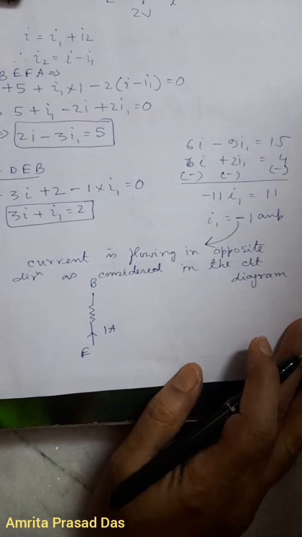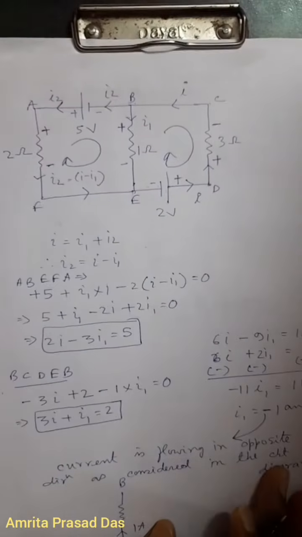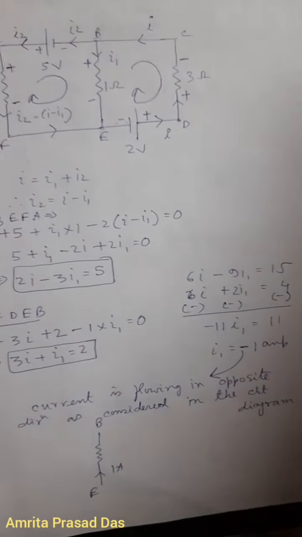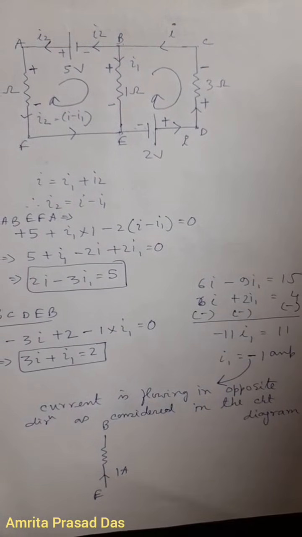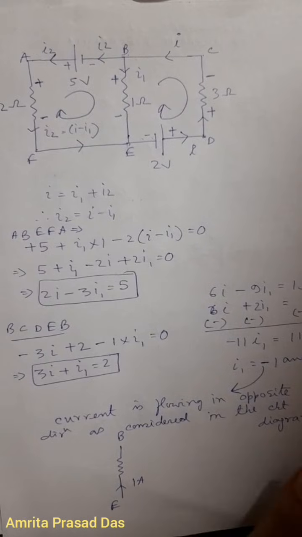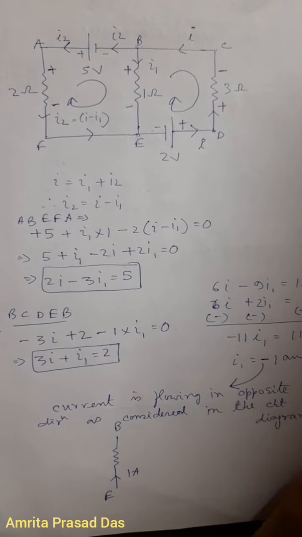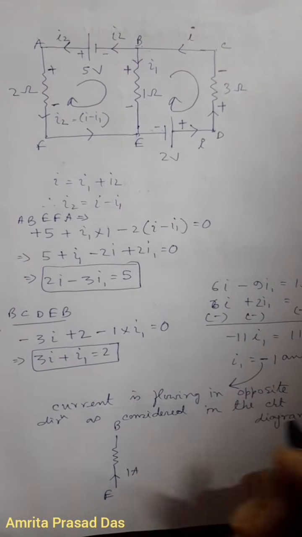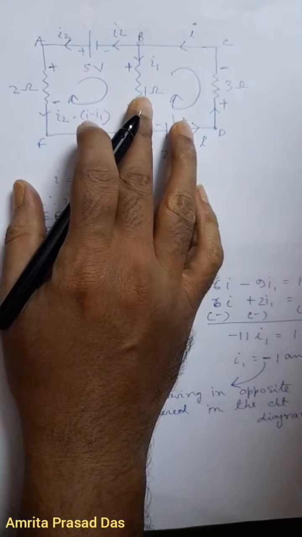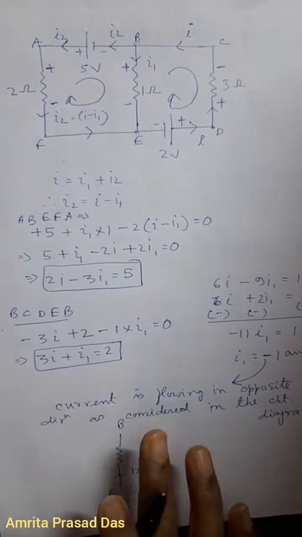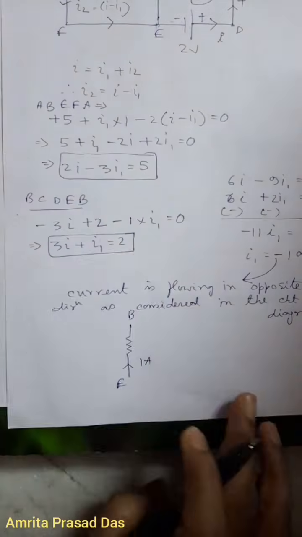So there is no harm if we take the current in the opposite direction, because we don't know before solving the problem in which direction the current is flowing. In some problems you cannot understand before solving that current is flowing in this direction or that direction. So you can follow the logic, you can divide the current, and the end answer will always be correct if you take the equations right.